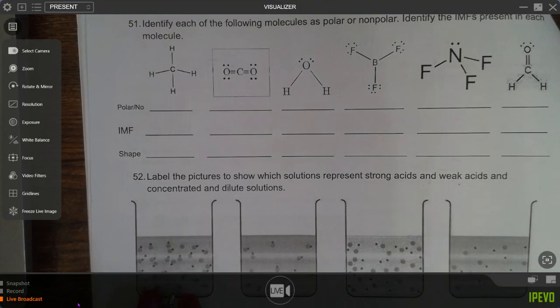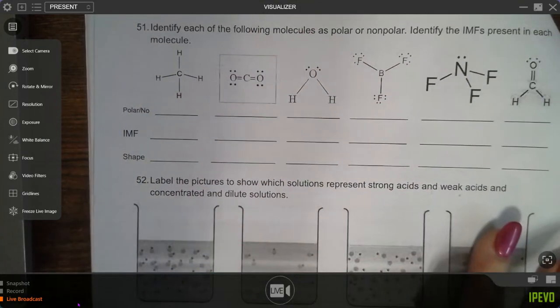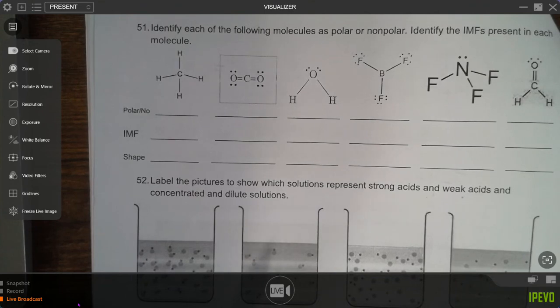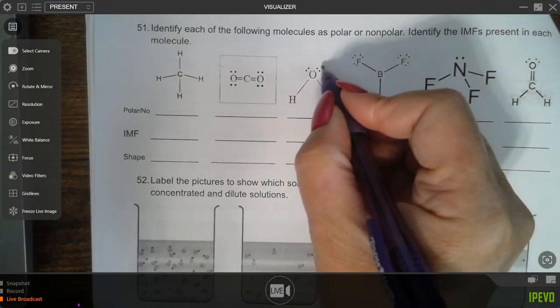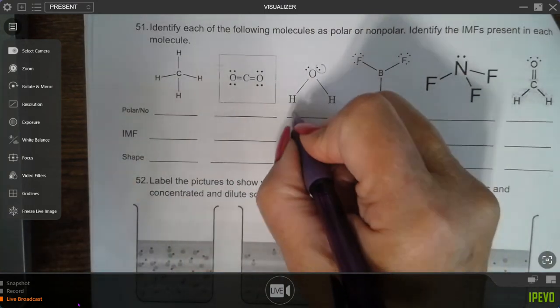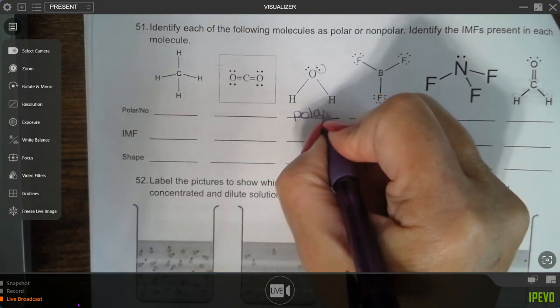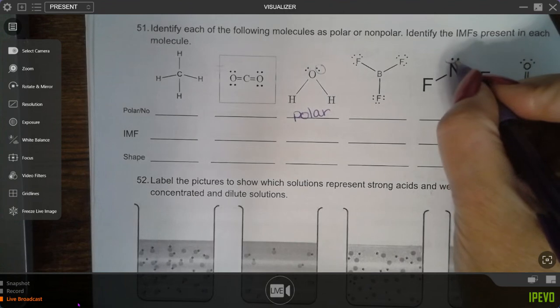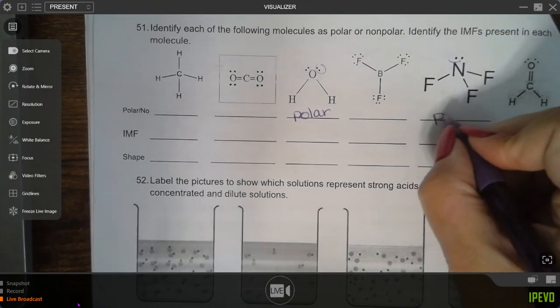Okay, so remember, for something to be polar, one of 2 things has to be true. It either has to have a lone pair of electrons on its central atom, so this is polar. This has a lone pair of electrons on its central atom, so this is polar.